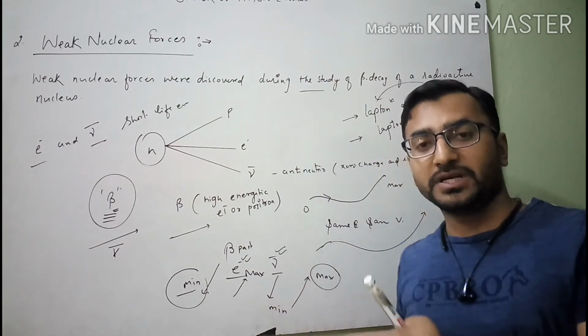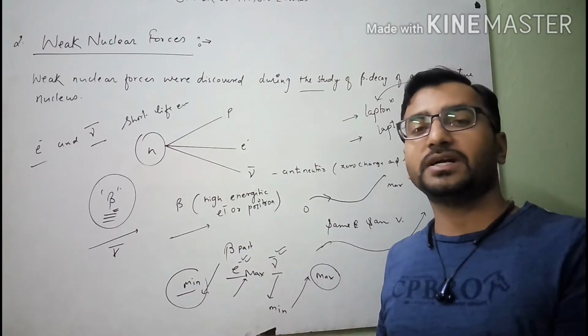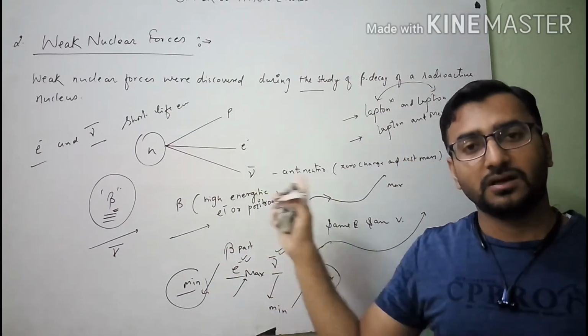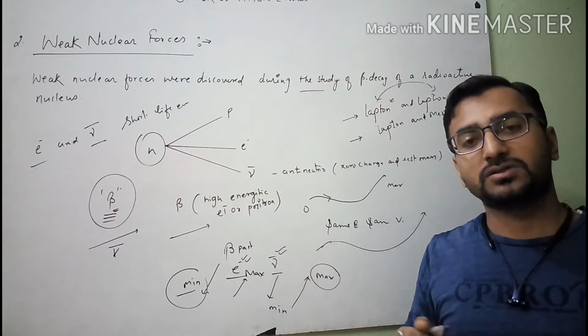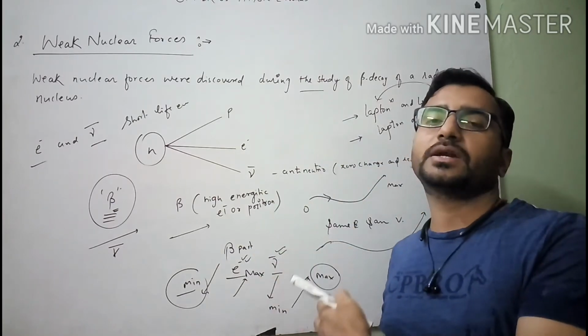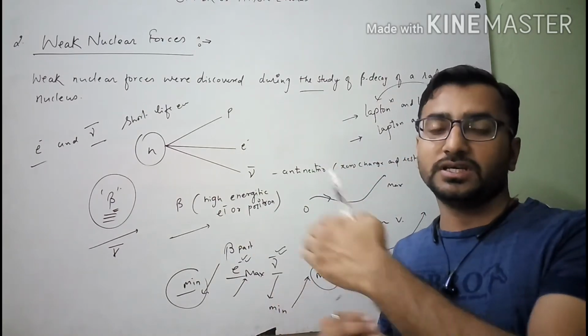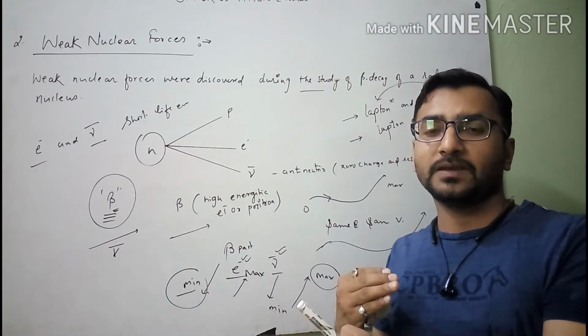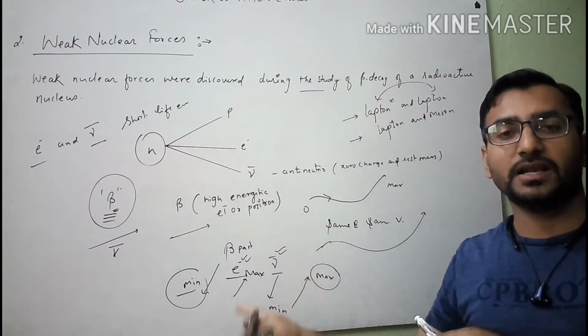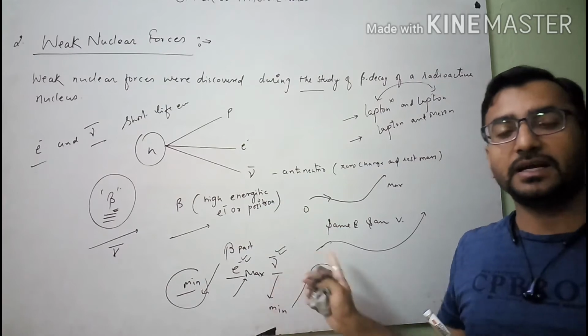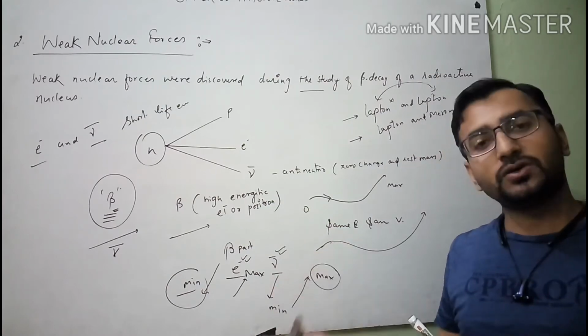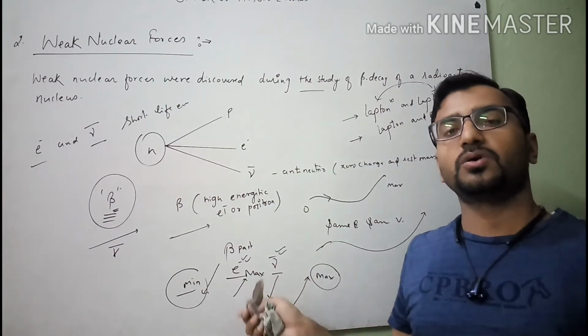The beta particle consists of high energetic electrons, so the high energetic electrons and the antineutrino share their energy. When the electron energy is high, the antineutrino has low energy, or vice versa.